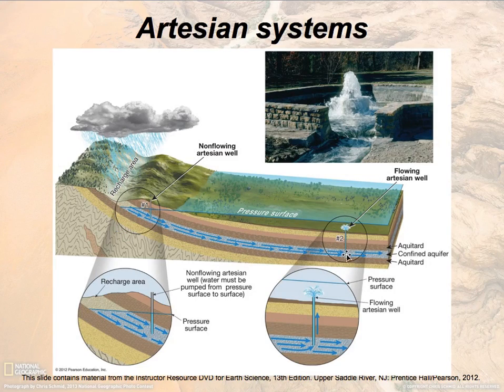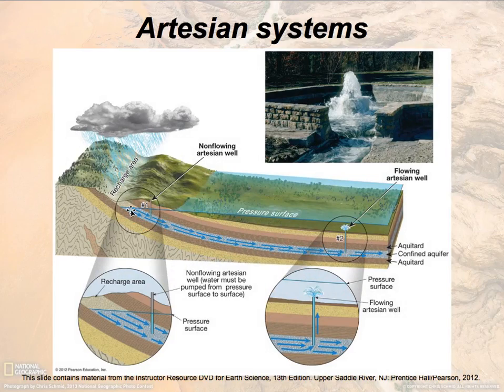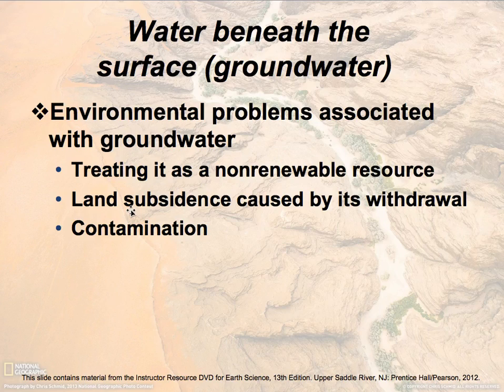And so that artesian well will spray water out right here, but it will only allow water to go up as high as its pressure surface, or the level of that water back at its point of origin where it originally infiltrated and began to percolate. So, in fact, this is another example of water flowing downhill. It just doesn't seem like it. It's a bit of an illusion.